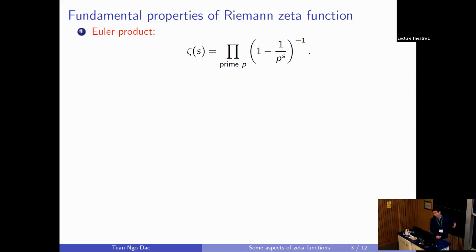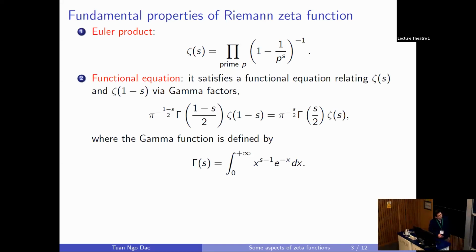So in number theory, we love to study primes. The first property is that we have an Euler product. The zeta function can be written as a product over primes p of what we call local factors.